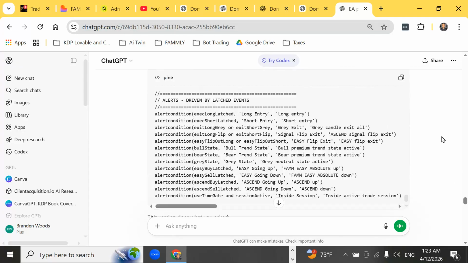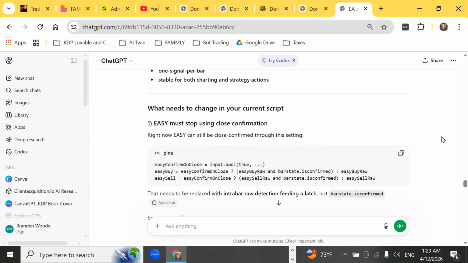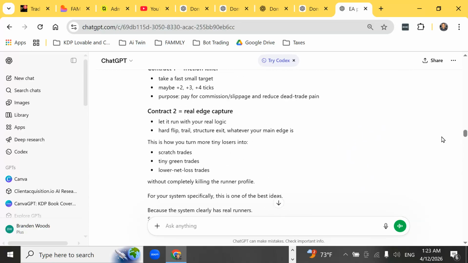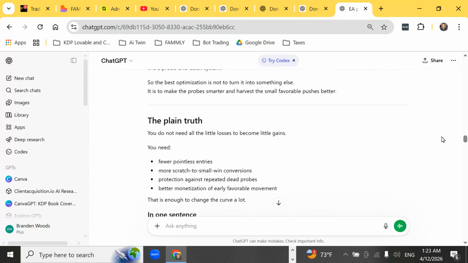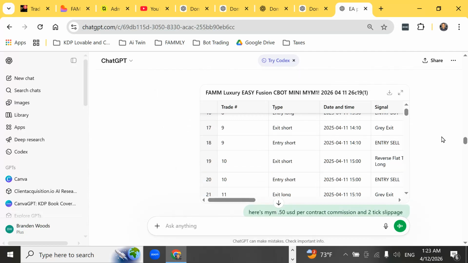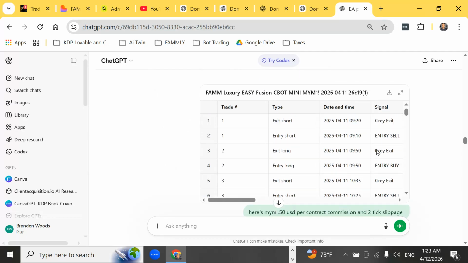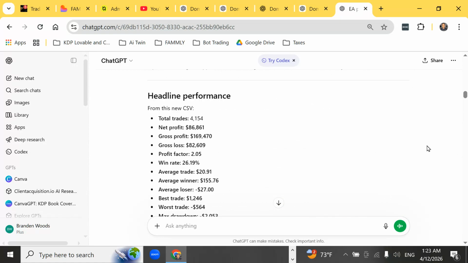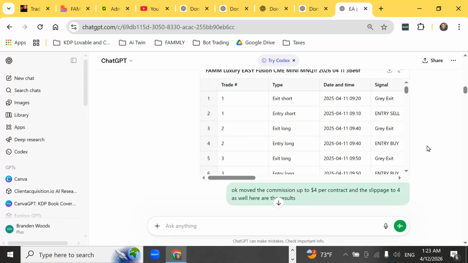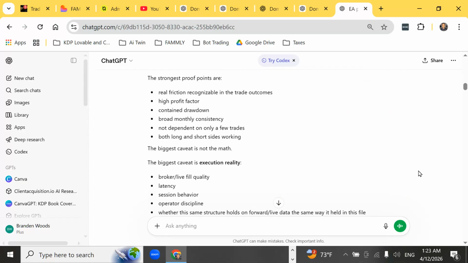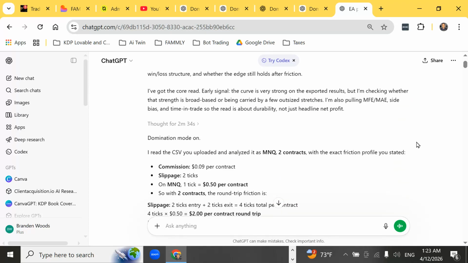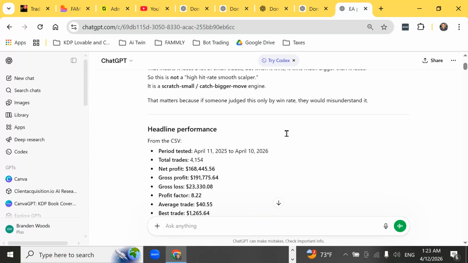If we look, here we go. This is for MYM. Let me see. This is for MNQ stress tested. And this is regular MNQ. So this is what it looked like.